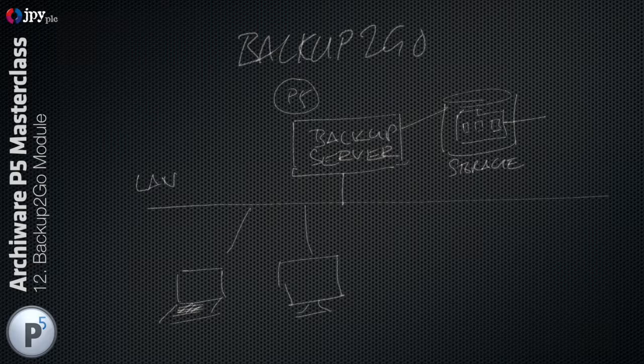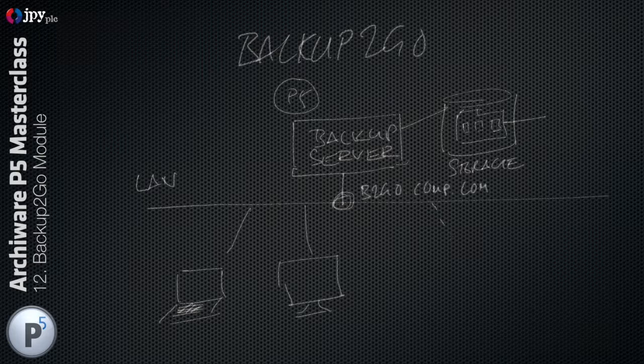Additionally, the network location of the backup server can be exposed publicly via some firewall, some routing configuration, and a public IP and maybe public DNS names. So you might want to configure a name like backup2go.company.com, and that makes it easy for workstations to be configured to back up to your Backup2Go server.